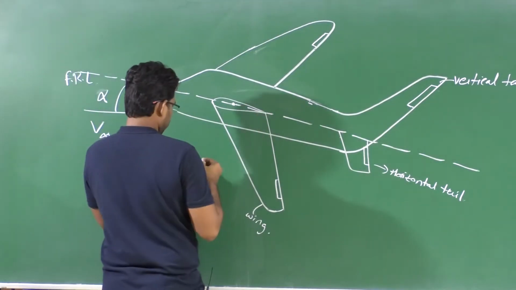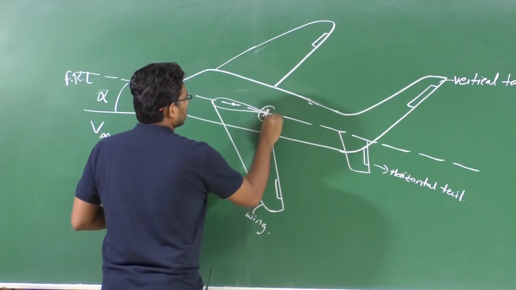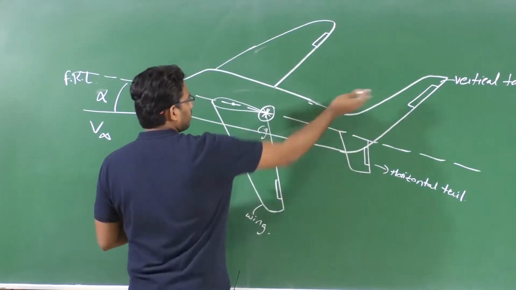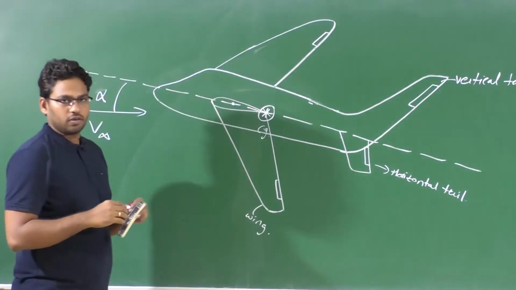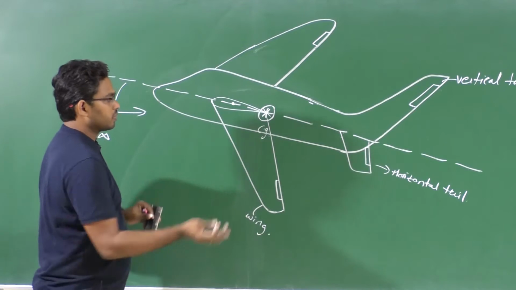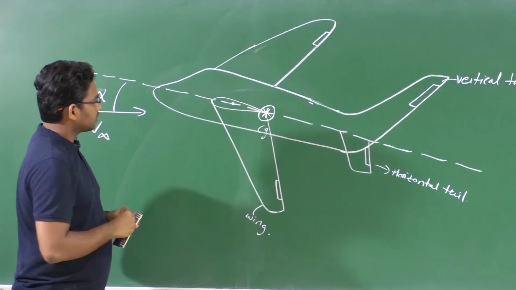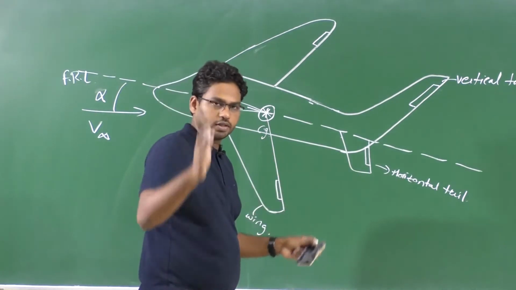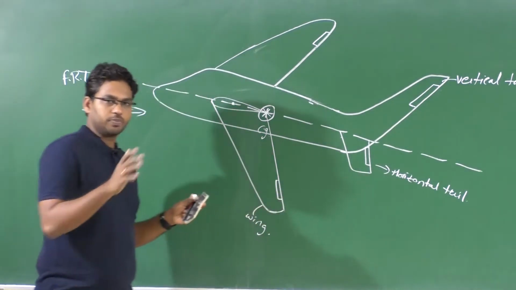Let's say this is my CG. So the change in aerodynamic force at an offset location with respect to CG will produce a moment because of it, right. Because of this moment the aircraft orientation in space changes, right.